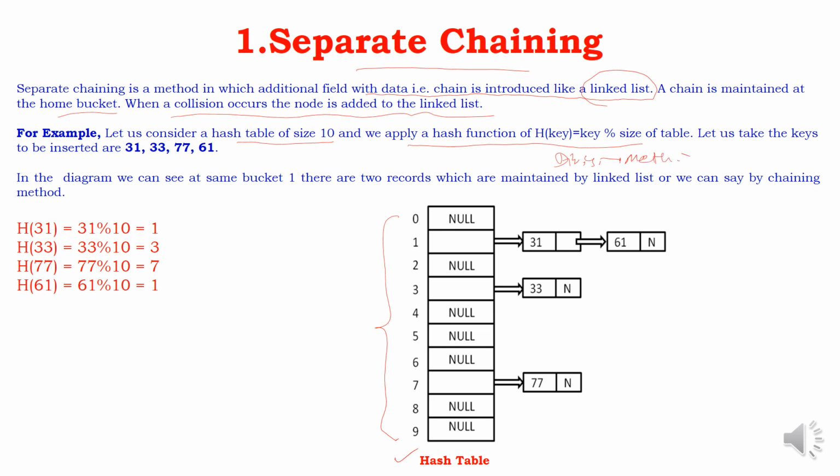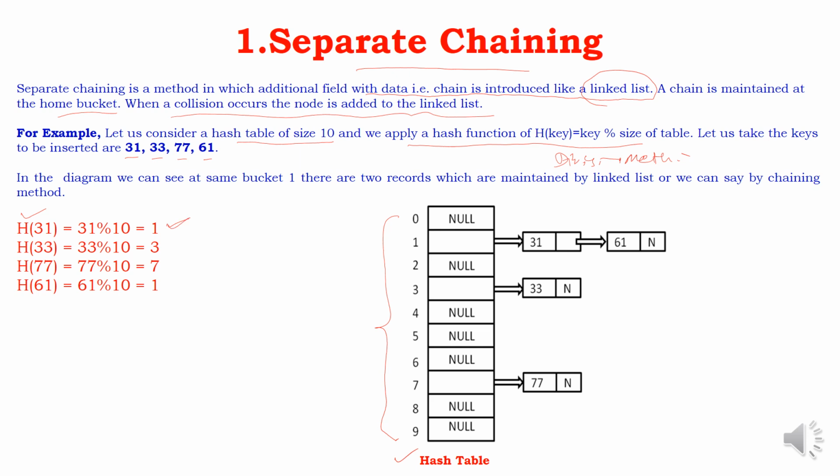Let us take the keys to be inserted are 31, 33, 77, 61. This is a separate chaining method and we are applying the division method. When you apply the hash function to 31, it has to give you an index. So 31 percentage 10, the size of the table being 10, is 1, so the index is 1.